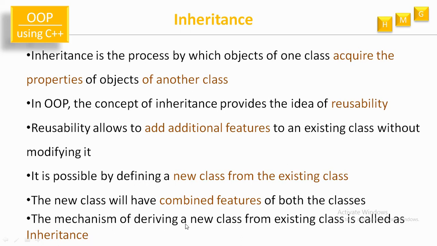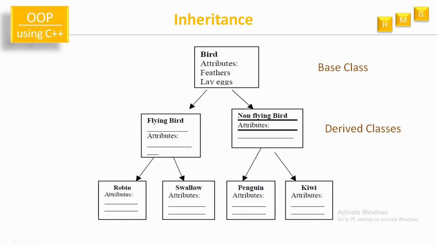Deriving means creating or defining a new class from an existing class, so that the features of the existing class are inherited into the new class, and the new class has the combined features of both. So this is the concept of inheritance.